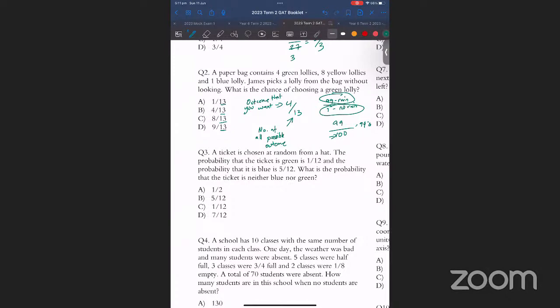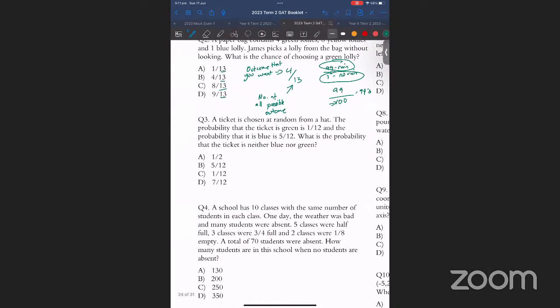Thank you. All right, question number 3. A ticket is chosen at random from a hat. The probability that the ticket is green is 1/12. The probability that it is blue is 5/12. What is the probability that the ticket is neither green nor blue? In total, what's the total probability of getting a ticket of any color?